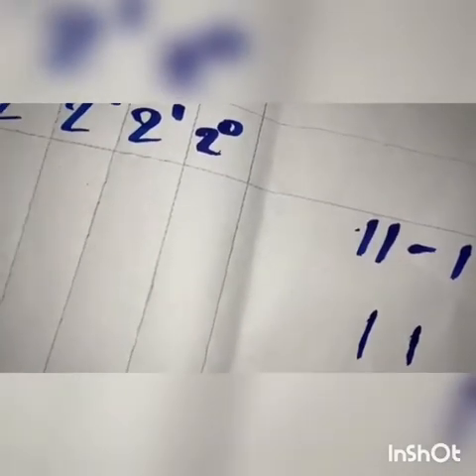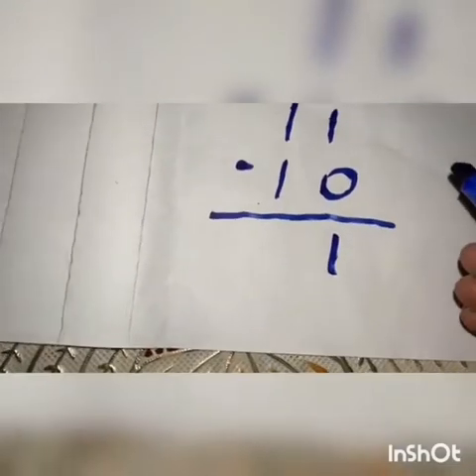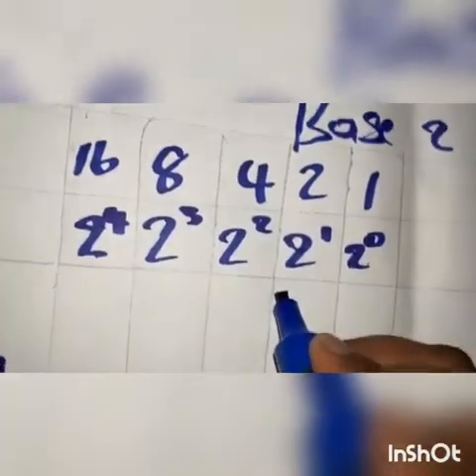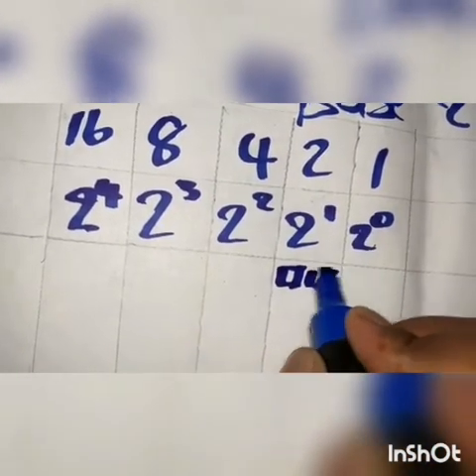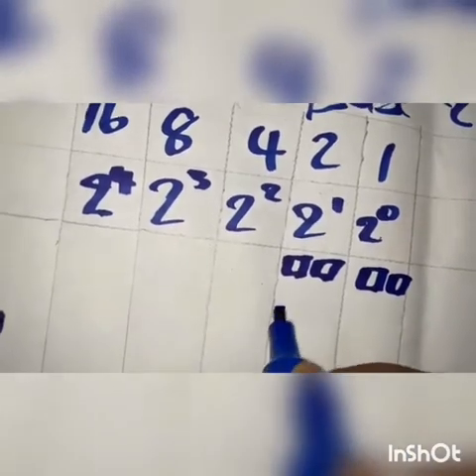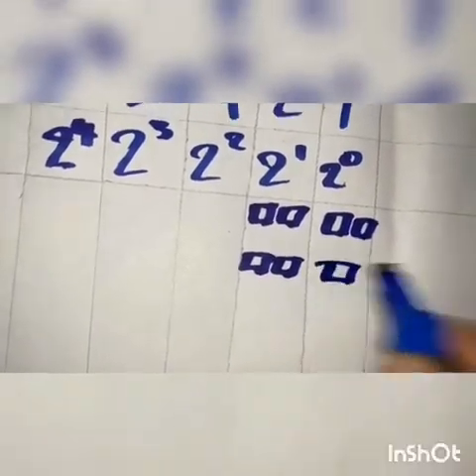It would be 11 minus 10. So 0 from 1 will be 1, and 1 from 1 will be 0 to the 2. How we work it over on the chart, it would be 1 box here, 1 box here, 1 box here, 1 box here, 2 here, also 2 here, and then 1 here.